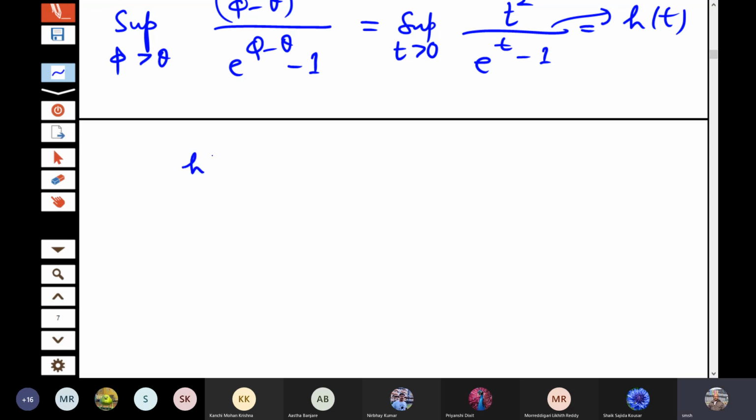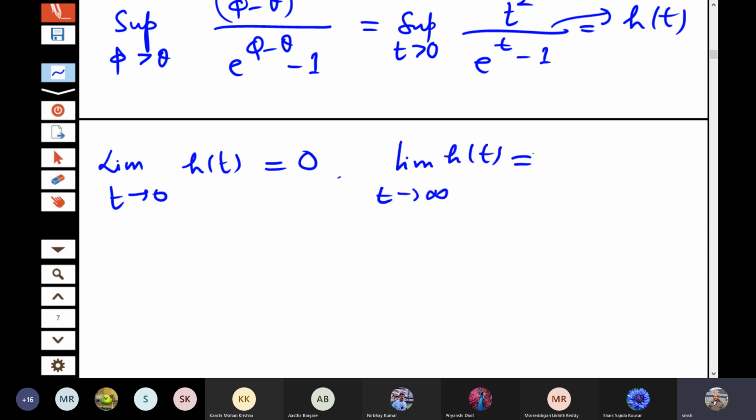If I take ht as t tends to 0, for example, what happens to this? This is 0 by 0, so you can consider expansion here. One term will get cancelled out, so you get t in the numerator, so you will actually get 0. Or you can apply L'Hopital rule also, 2t by e to the power t, again which is 0. Similarly, if I consider the limit of this as t tends to infinity, then what happens?